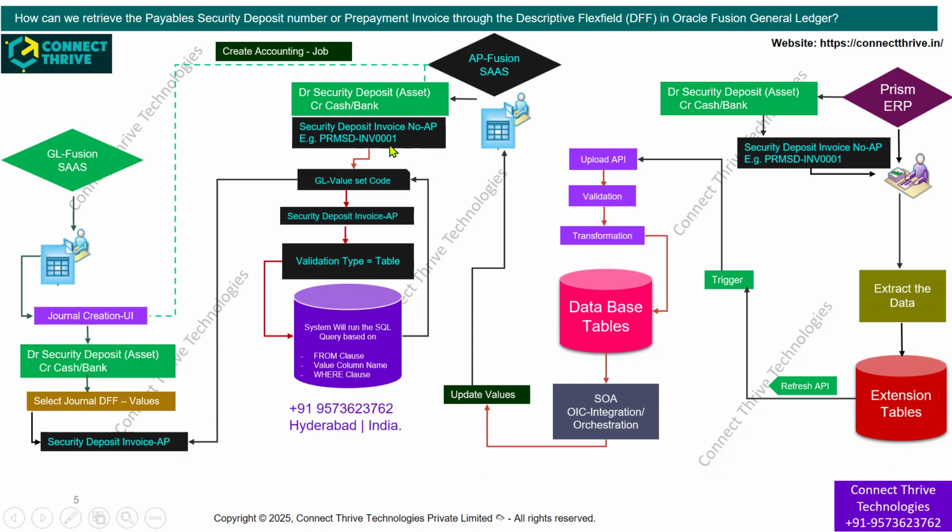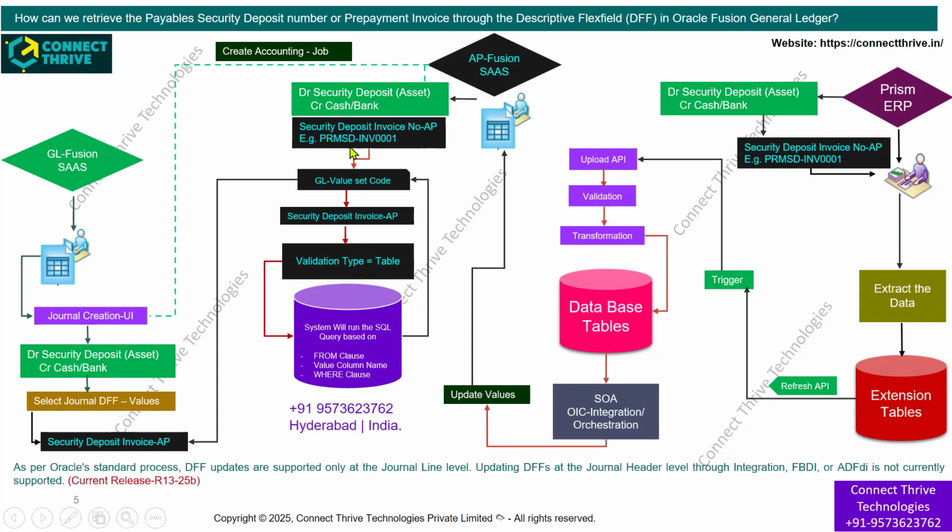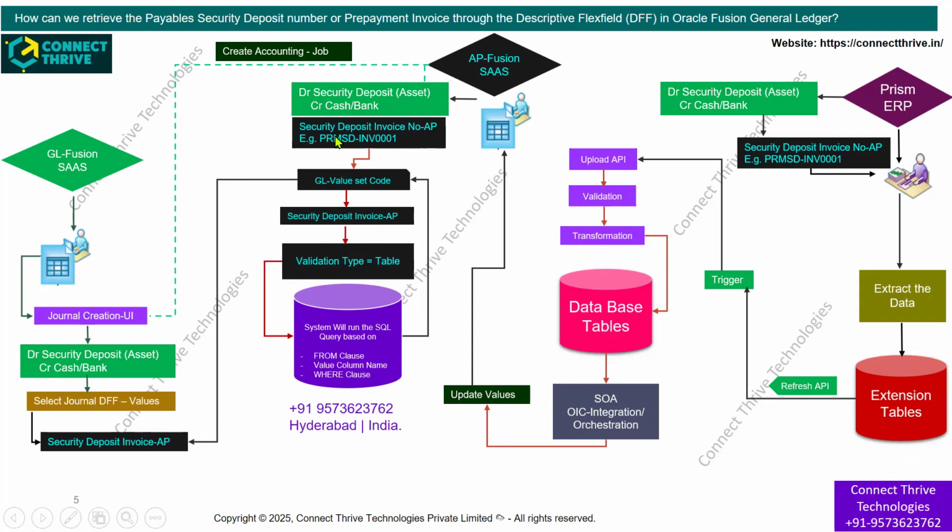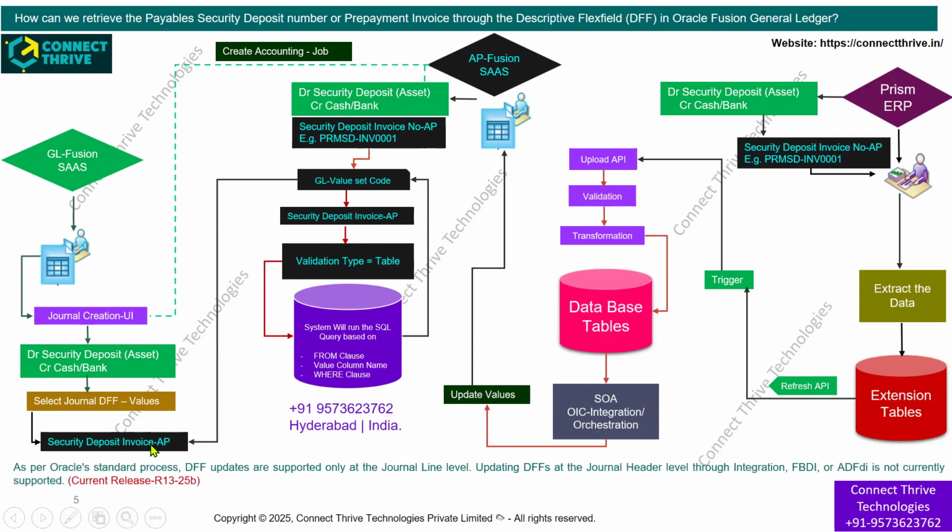They want to select the actual invoice number, the prepayment invoice or security deposit invoice number which was generated in AP. That I will show you. It is simple only. Once they give this DFF, they can automatically select this invoice, and the drop down will come.